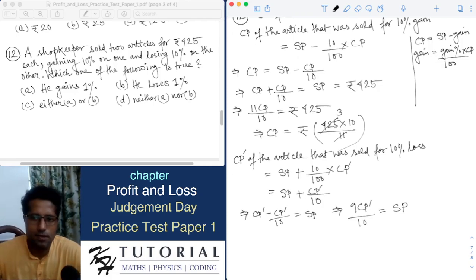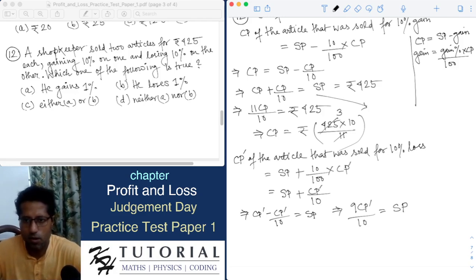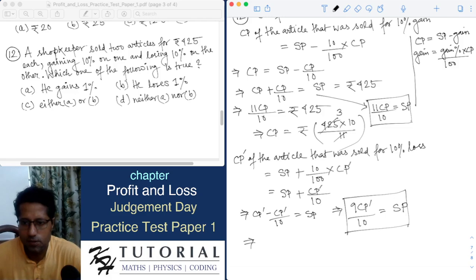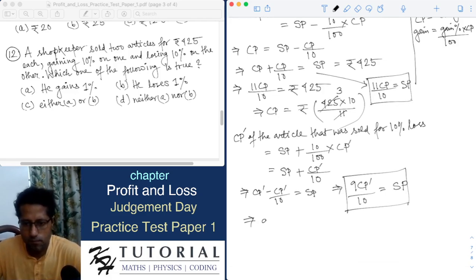Now, from the earlier one we got that 11 CP by 10 equals SP, where SP is the same for both the articles. So from this we can say that 9 CP dash by 10 is equal to 11 CP by 10, where CP is the cost price of the article that was sold with a 10% gain, and CP dash is the cost price of the article that was sold for 10% loss.